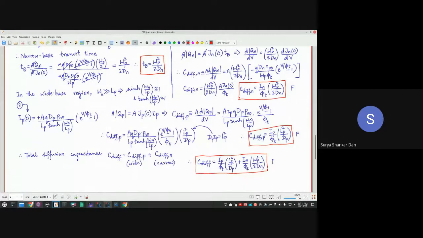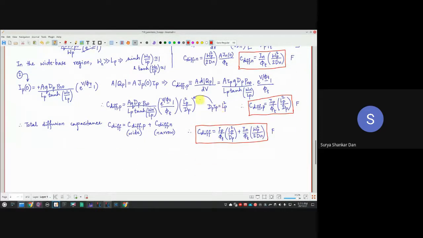So you will be left with this. The total diffusion capacitance turns out to be the sum of the two capacitances. Why? Because one will be the N side, the other one will be the P side. It will depend on which one is narrow and which one is wide. In this derivation, I have chosen the N as the narrow and this is the wide. So this is for the PNP transistor. N is the narrow side for this derivation. So if you are doing it, you are going to arrive at this relation.